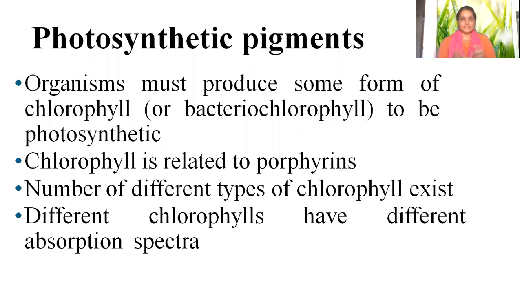How it looks like a porphyrin I will show you in the next slide. These two pigments, chlorophyll and bacteriochlorophyll, are the most important, and they have different absorption spectra for the absorption of light. So let's move on to the structure of chlorophyll.